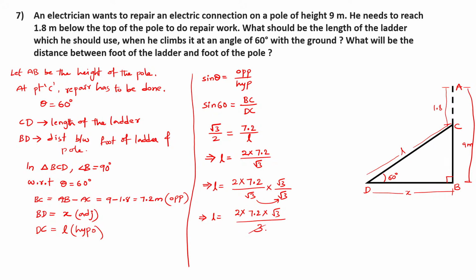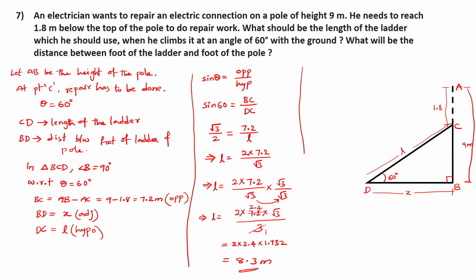Now the 3 table: 3 ones are 3, 3 twos are 6, 3 fours are 12. Next, we multiply 2 into 2.4 into 1.732. If you multiply all these things, we get approximately 8.3 meters. So this is the length of the ladder.